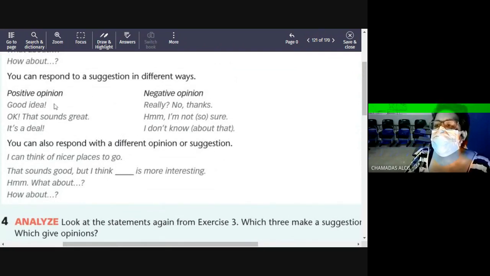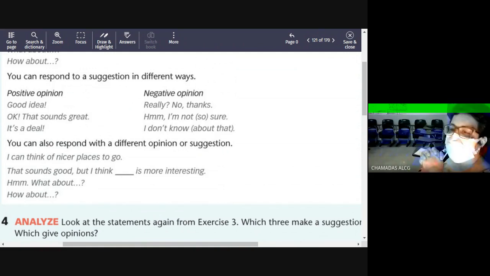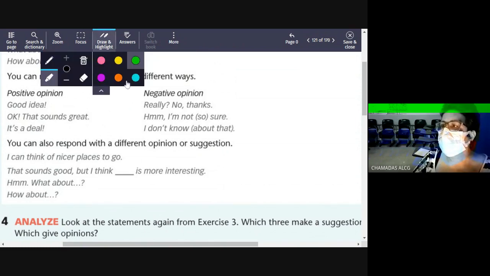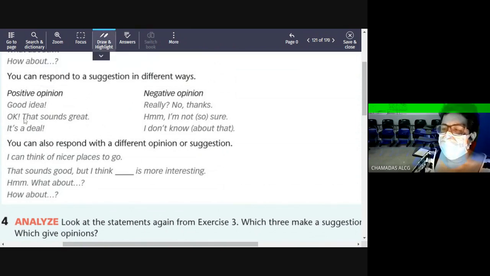And how can you react? Oh, that sounds great. Try to use the other ones also. Instead of just "oh, good idea, let's go," you can say, oh, that sounds great. This is very native. If you speak English well, you use this one more often.